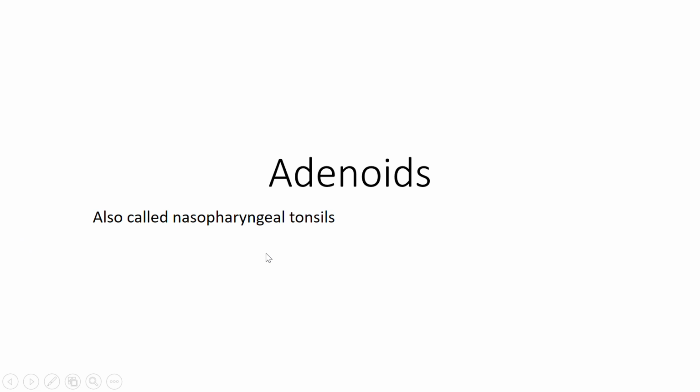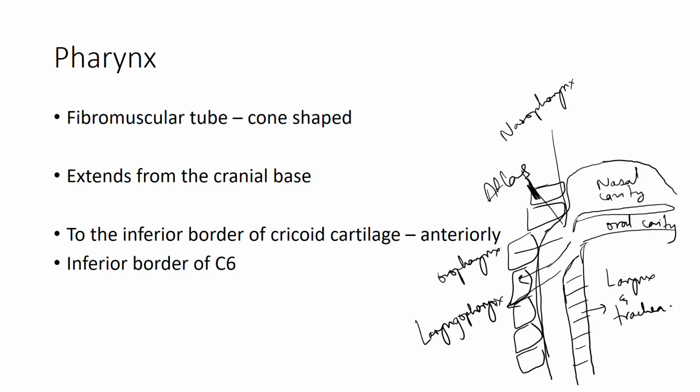Now, before we move into the topic proper, let's study a little about the pharynx. The pharynx is a fibromuscular tube and it is cone shaped. That is, it is broader in the upper part, and as it goes down, it becomes narrow. It starts from the cranial base, or the base of the skull, and extends downwards.